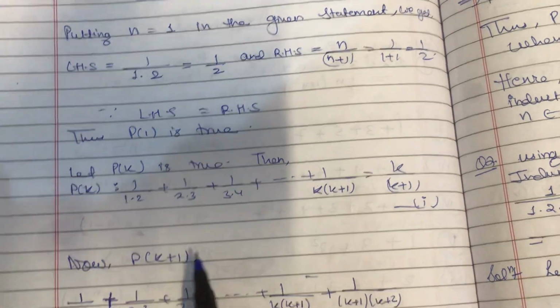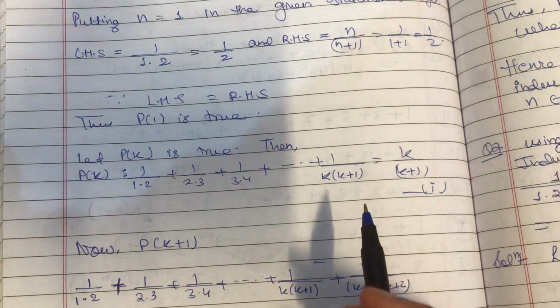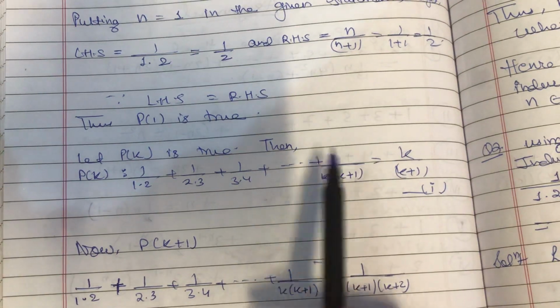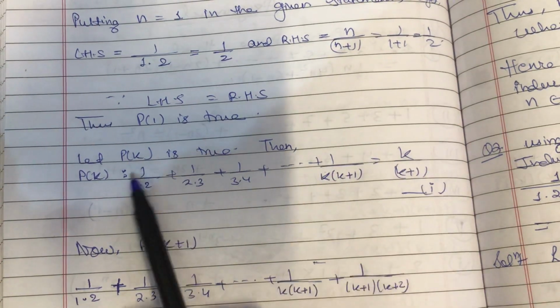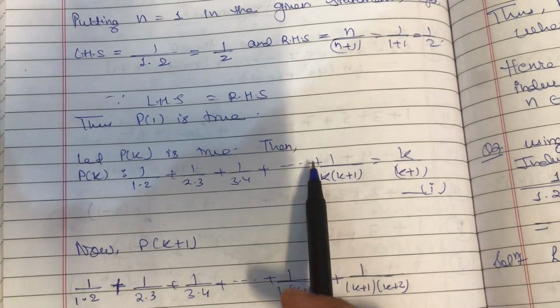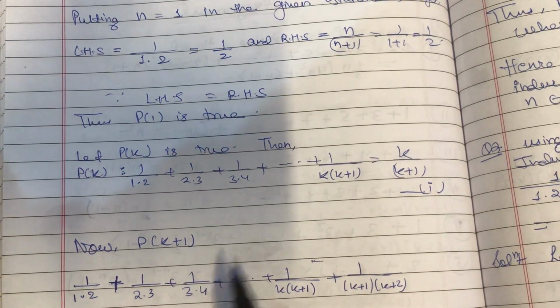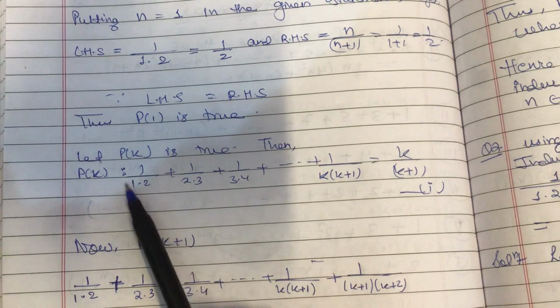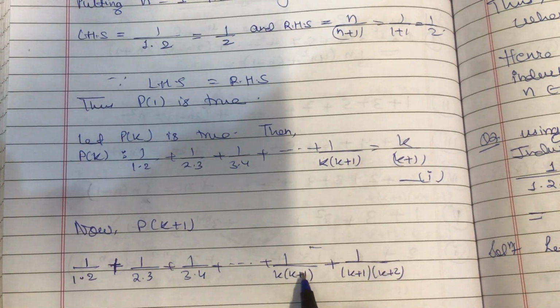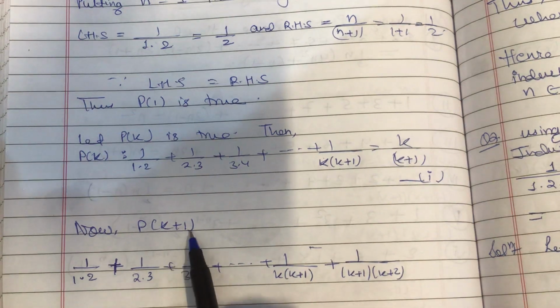So for P(k plus 1), I have to use this equation over here. What I'm doing here is, till here I'm writing it as it is. After that I have to find the term for k plus 1.